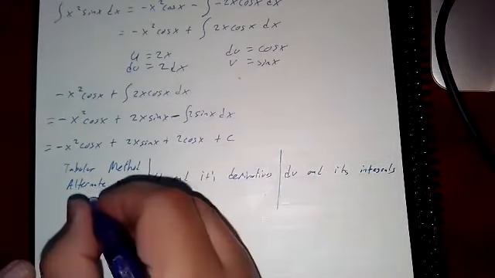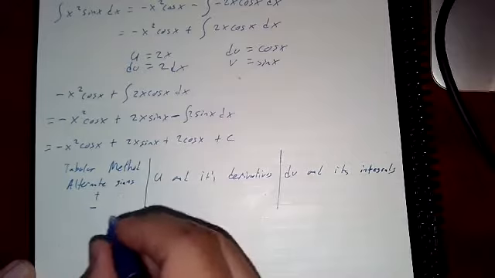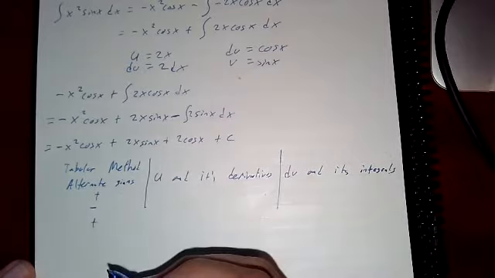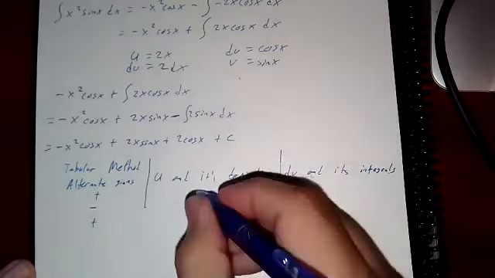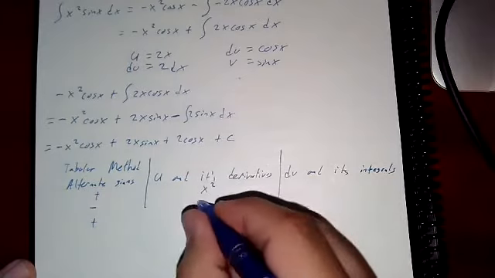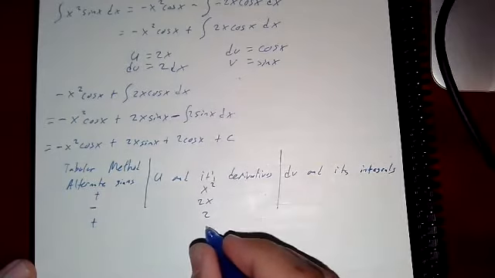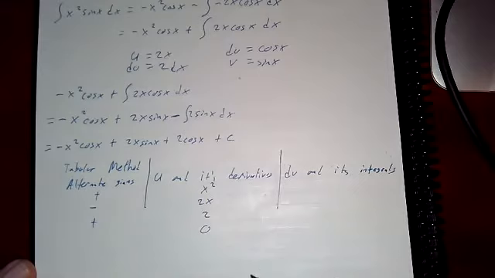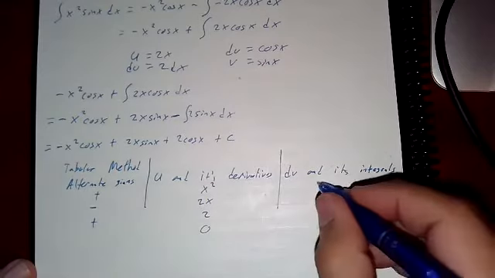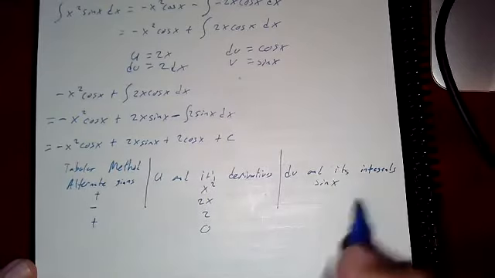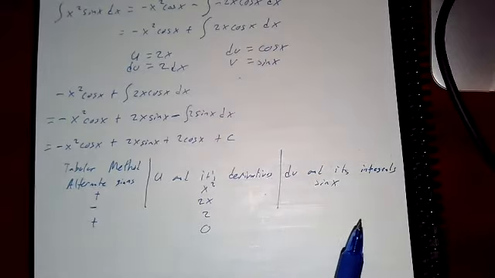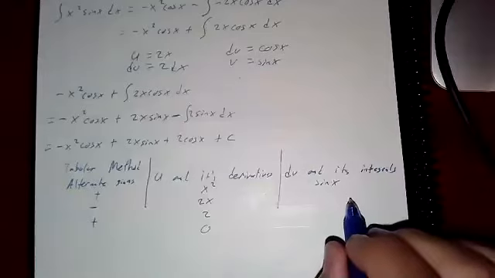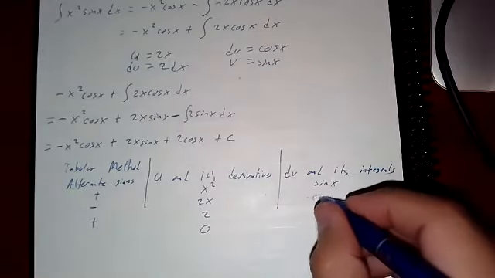Okay, so you start with plus, minus, plus. You start with the original u, and you take derivatives until it disappears. You start with the original dv, and you take integrals until you match all the way till the 0. So the integral of sine we said was negative cosine.